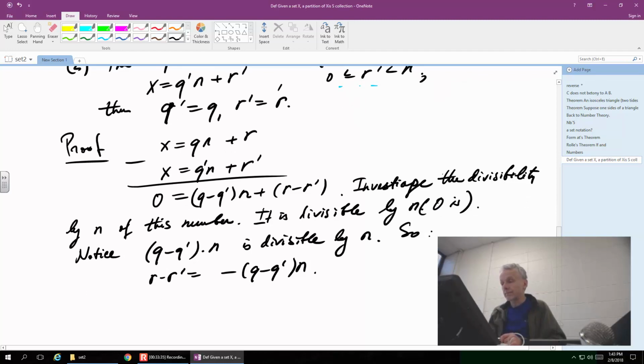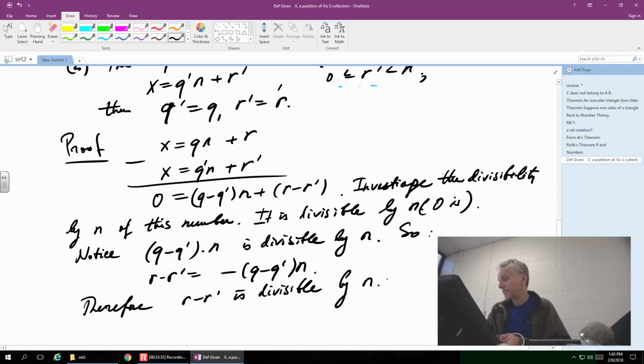R minus R prime has to be divisible by n. Yeah, that's right. So you can think about the fundamental theorem of arithmetic or just divisibility. We conclude that R minus R prime is divisible by n.